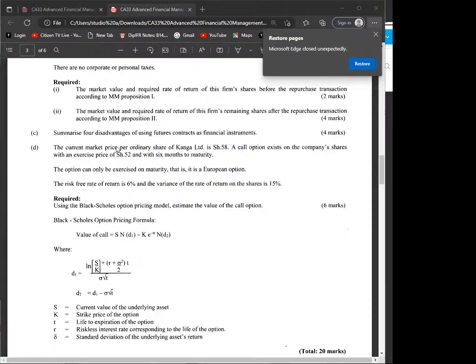Using the Black-Scholes option pricing model, estimate the value of the call option for 6 marks. And then they gave us a formula there. Quite a nice examiner. An examiner will go to heaven, really, because they've given us the formula of D1, the formula of D2, and the value of a call option.